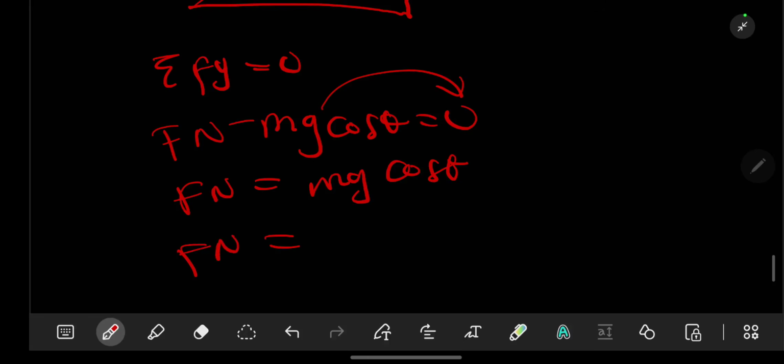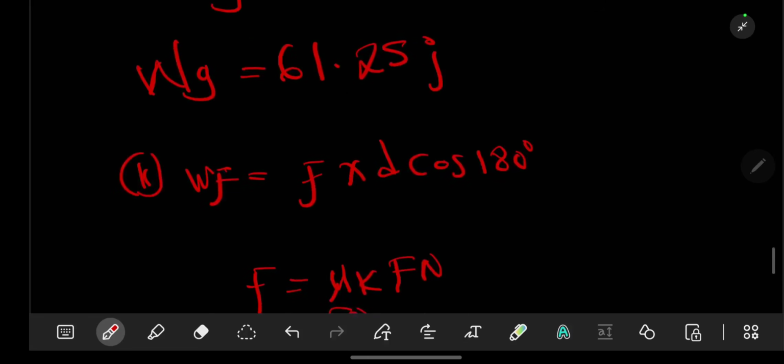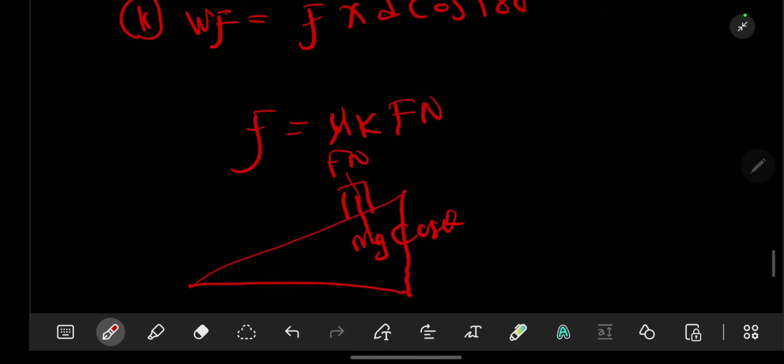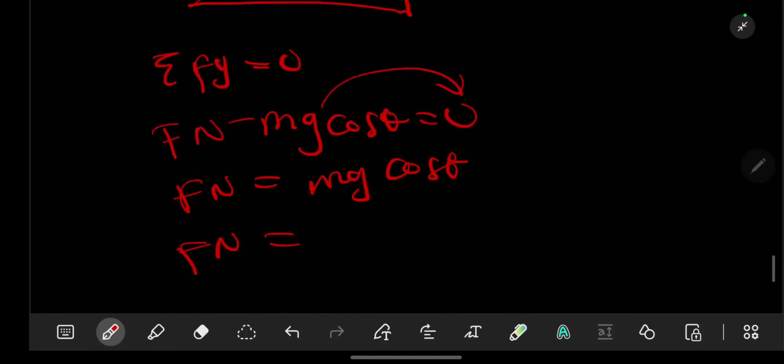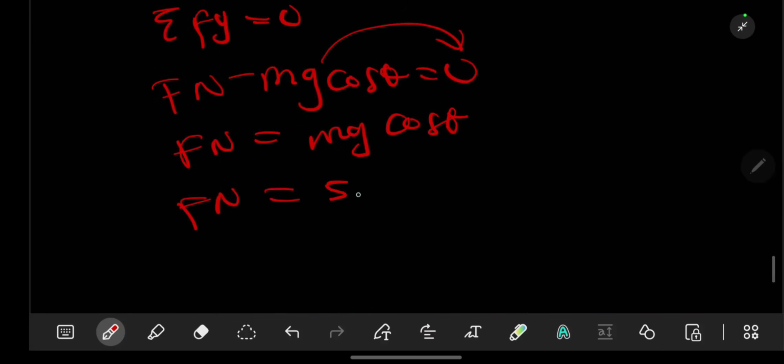What is our mass? We have 5 kg, so we can say 5 kg by 9.8 newtons per kg.